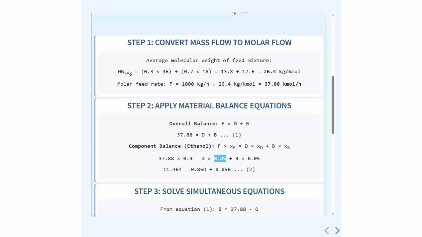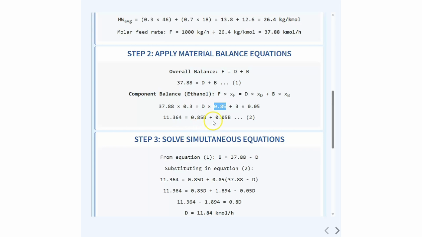In these two equations, we have two unknowns. So now solve the two simultaneous equations, equation 1 and equation 2. From equation 1, B is 37.88 minus D. Substituting in equation 2, we get 11.364 is equal to 0.85 D plus 0.05 times (37.88 minus D).